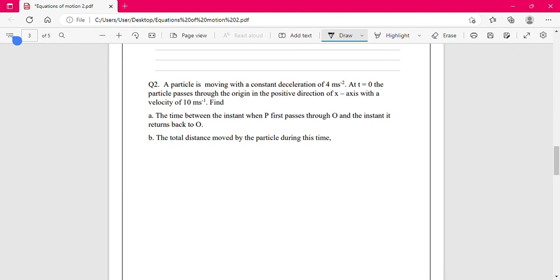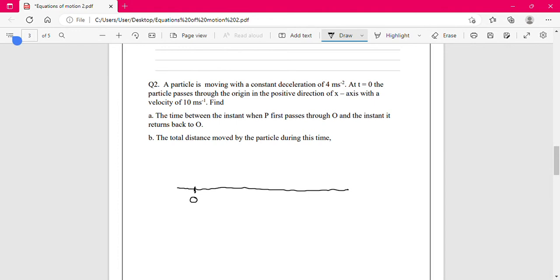A particle is moving with a constant deceleration of 4 meters per second square. At time t is equal to 0, the particle passes through the origin. So let us sketch it. This is the origin.